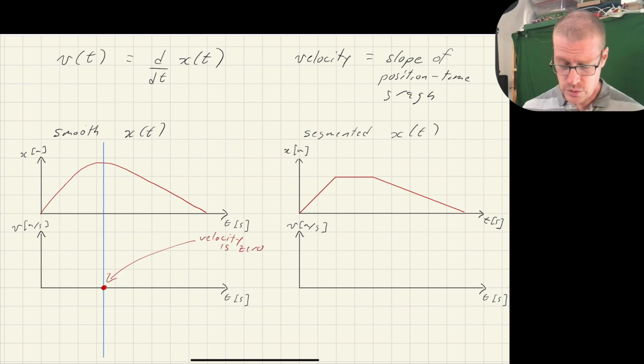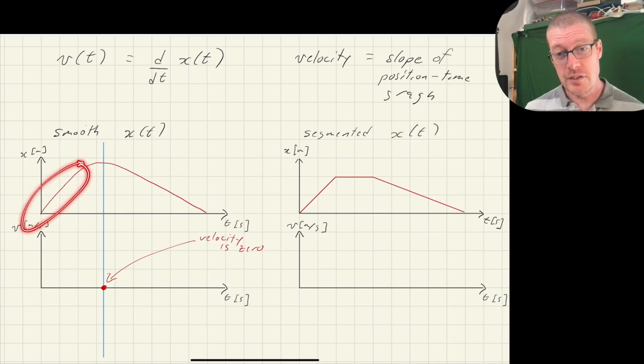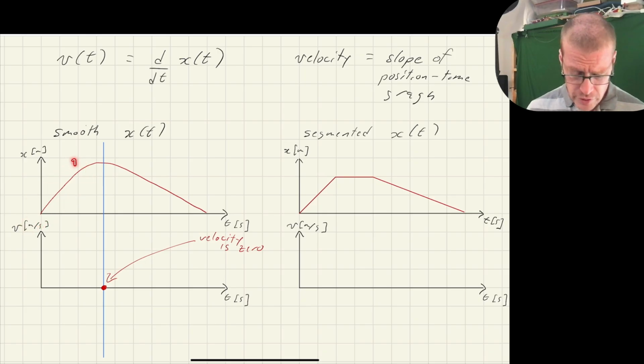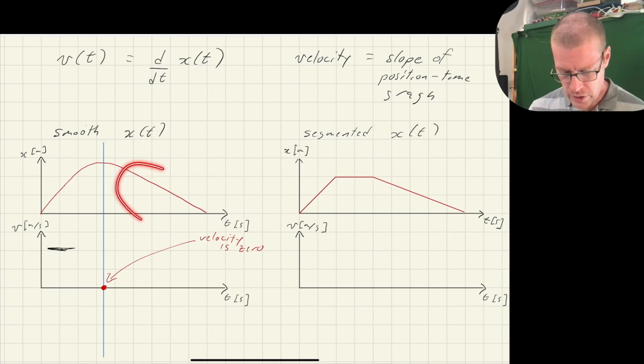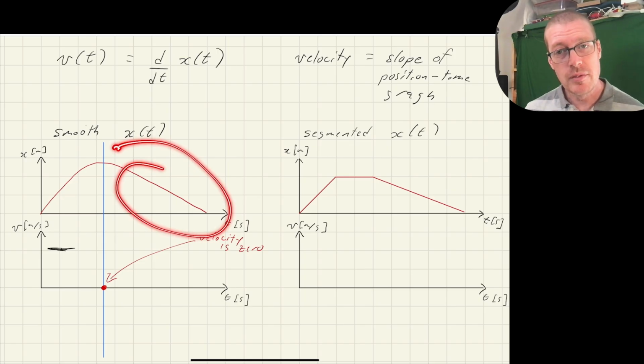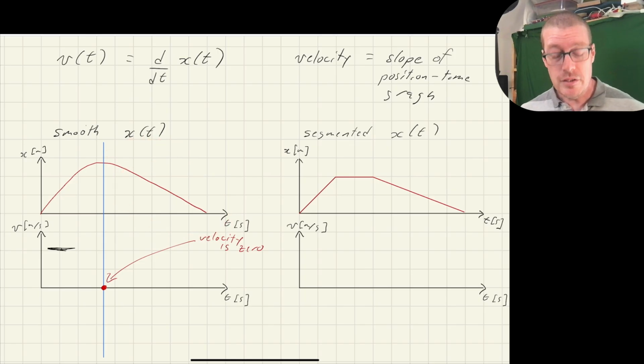The next thing I do is I look at the regions on either side, and I look at whether the slope is positive or negative. So over here, the slope is positive, so that means the velocity must be positive. Over here, the slope is negative, so the velocity must be negative.